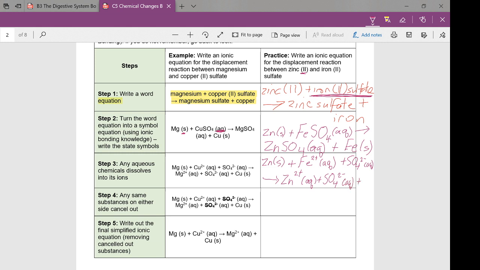And then iron at the very end is not split because it's still a solid.